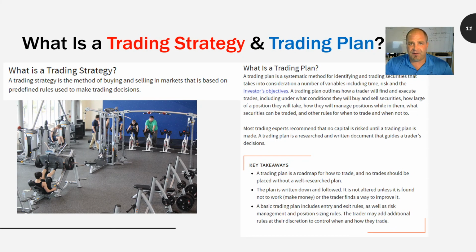Scalpers tend to use very large position size, very tight stop losses, kind of like a power lifter, right? A power lifter does sets of 3 or 4 with really heavy weight and doesn't do any cardio because he's taking all these calories to gain size and strength. So trading is just like fitness in the fact you have to find what your goals are.